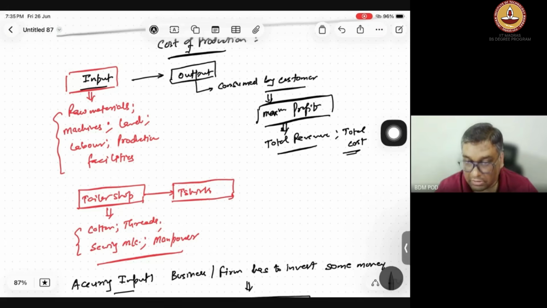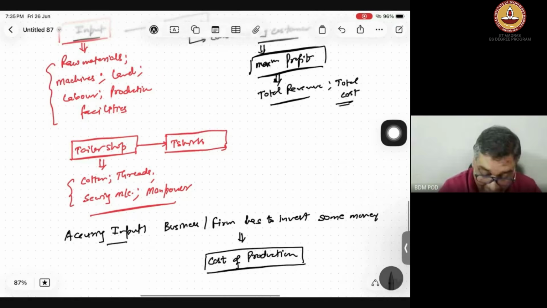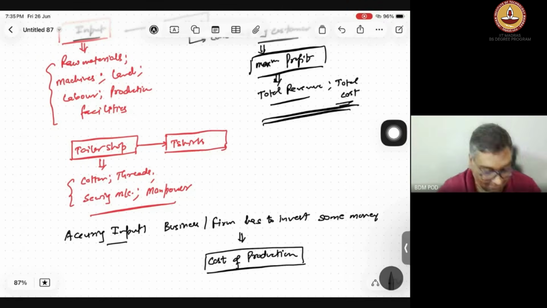If you know this, then you are able to maximize the profit. Because if you don't have any idea how much expenditure you made for making a product, what your total cost is, and at what rate you are selling, then it is very difficult to calculate the maximum profit.